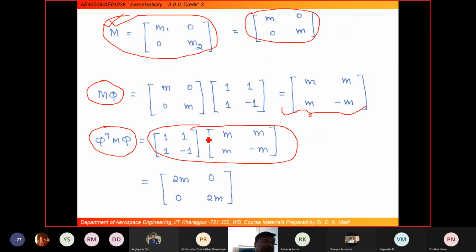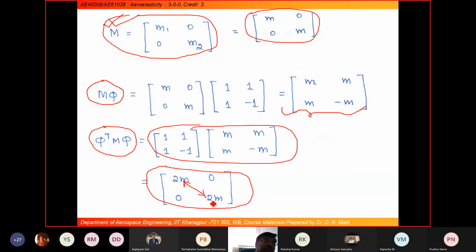If you look back, the mass matrix has now changed, and it is diagonal. Normally we get the mass matrix in diagonal form, because the off-diagonal terms are not appropriate from our consideration of the equation. But we get them from our finite element formulation.